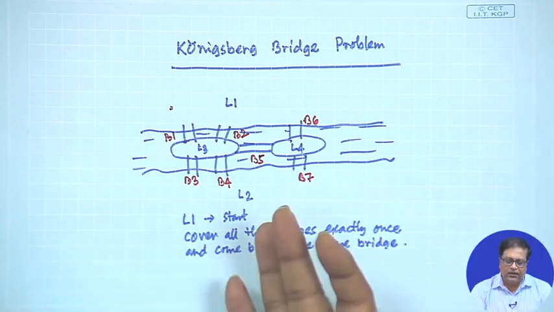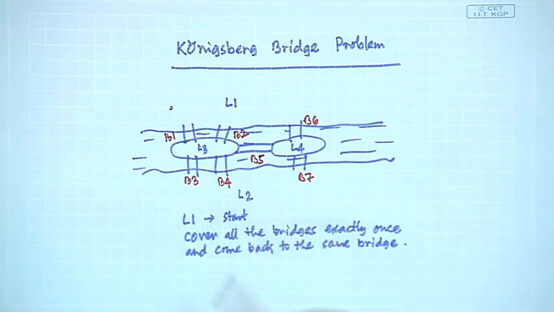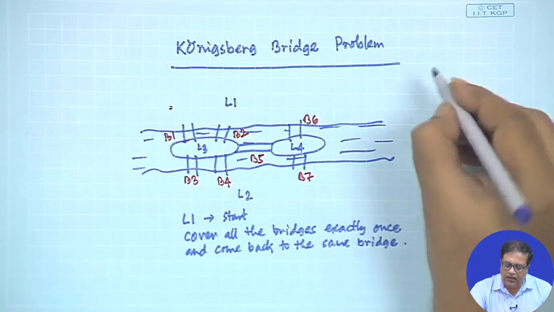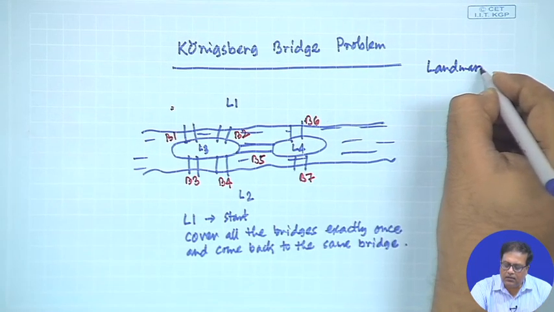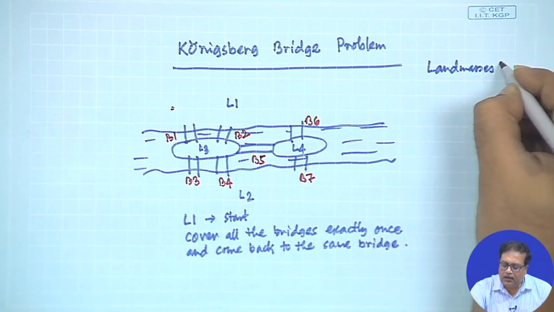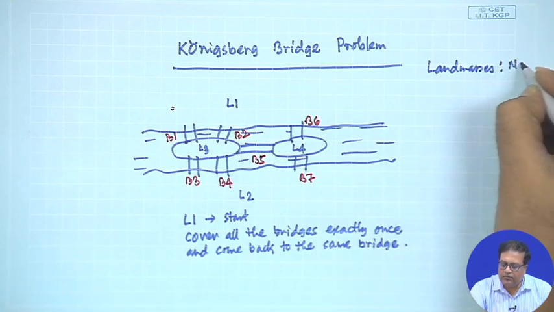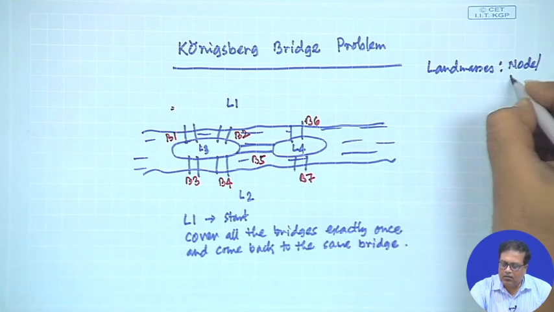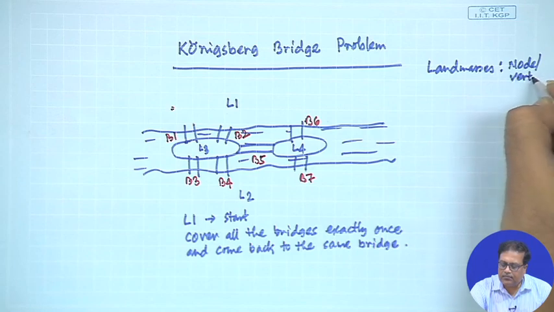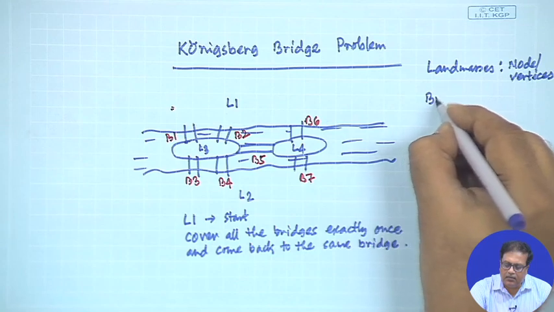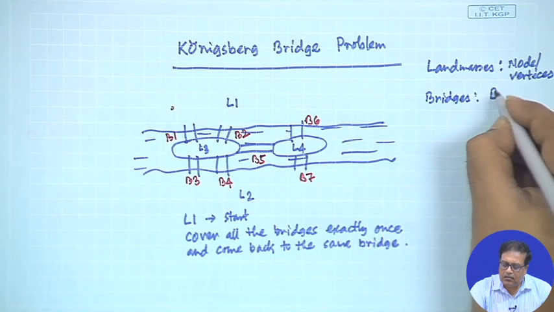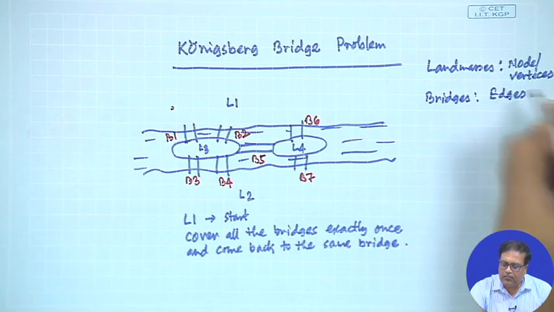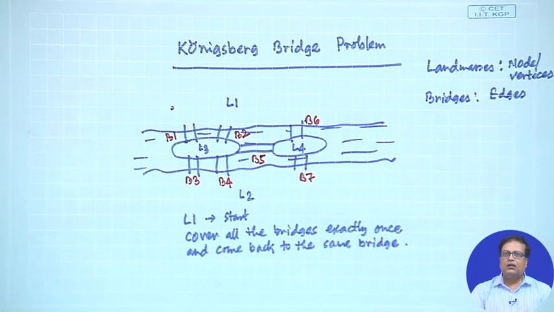So, quick thinking, if you do, you will find these land masses will be like nodes or vertices, and the bridges are like edges, right. So, this is understood.